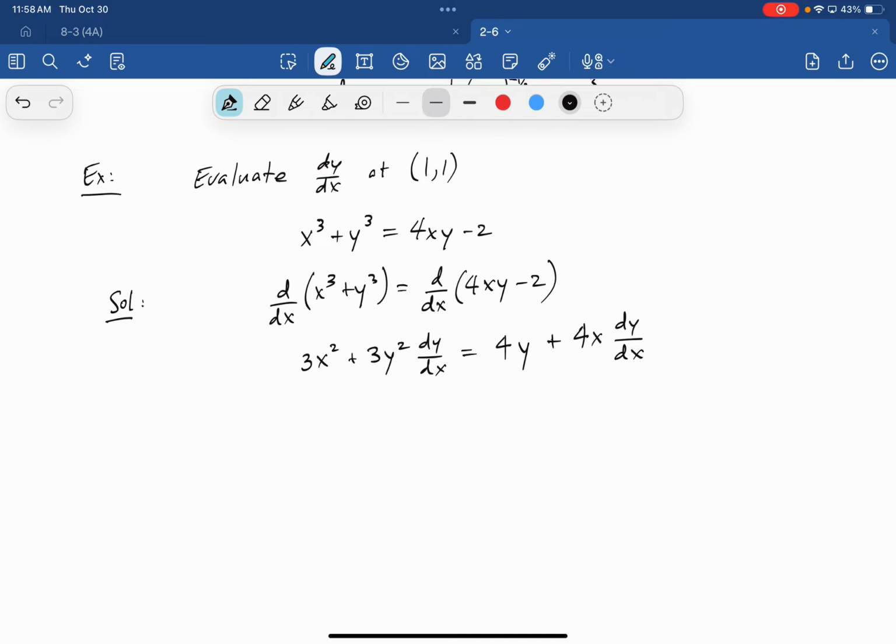Okay, I will now solve for dy/dx just by isolating terms. If I bring all the dy/dx terms to the left side, I get 3y squared minus 4x times dy/dx. Then I bring all the other terms to the right side, which is 4y minus 3x squared.